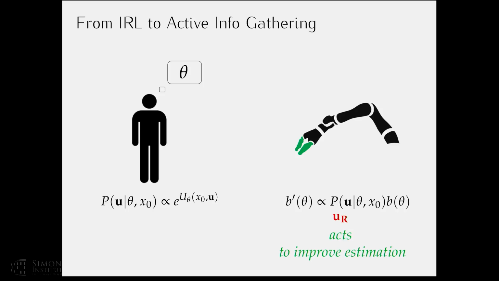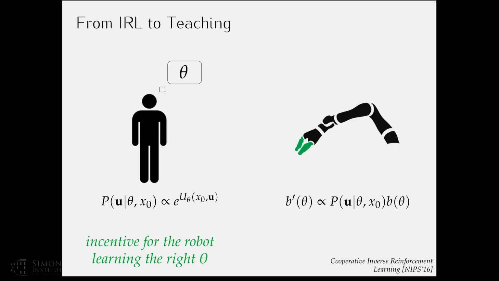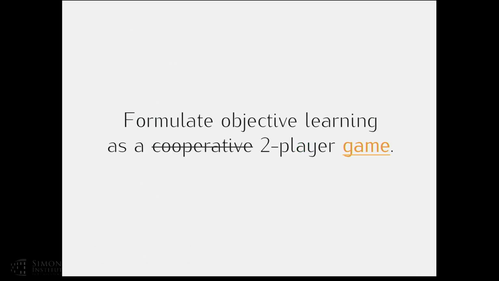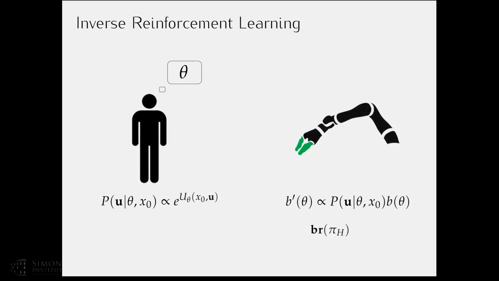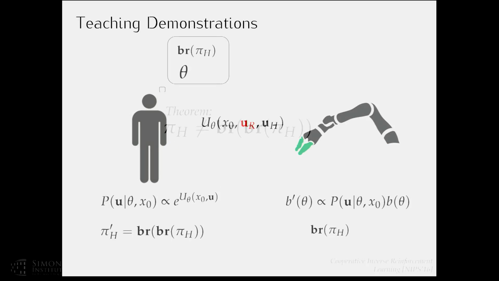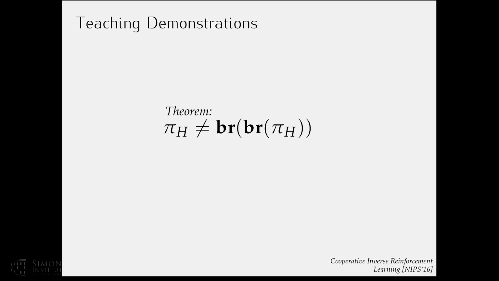I guess I'll just take 2 minutes if that's OK, Andrea, to talk about the flip side, and just mention that so far we've talked about driving, where the human and the robot have different utilities. When you make this an actual cooperation, what ends up happening, I'm going to skip through some things, is that the person is going to try to come up with the best thing to show.